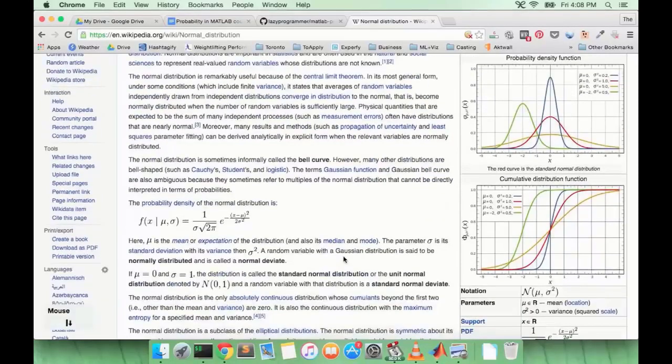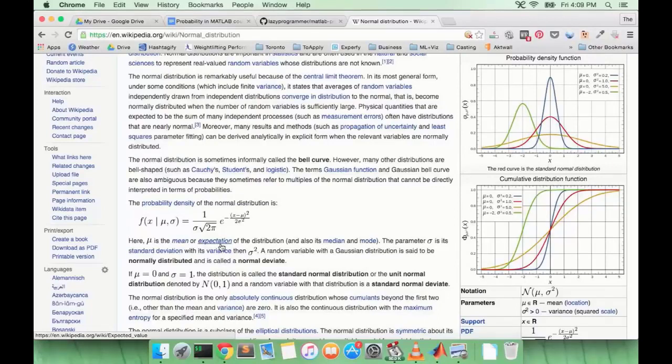So let's talk a little bit about this formula. First, there's a normalizing constant. It's 1 over the square root of 2 pi times sigma, which is the variance. Actually, sigma stands for the standard deviation. Usually it's written as 1 over the square root of 2 pi sigma squared, where sigma squared goes inside the square root.